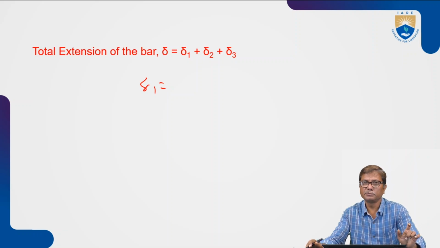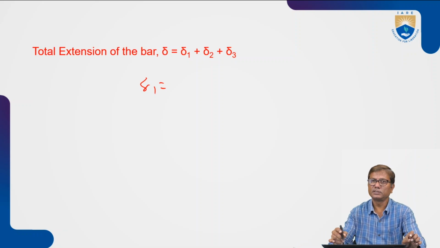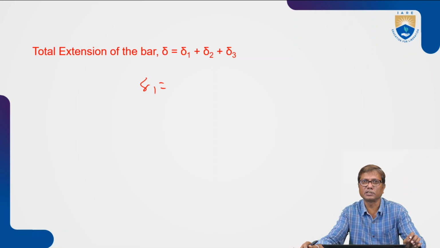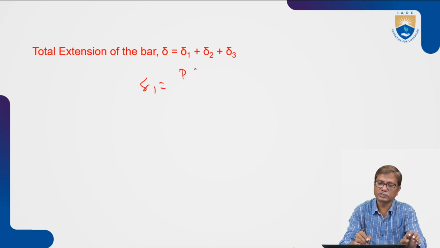which is of uniform section D1 of diameter 25 mm, subjected to axial pull of 40 kilonewtons. And we have seen already the expression for a member of uniform section. The elongation is given as PL by AE.